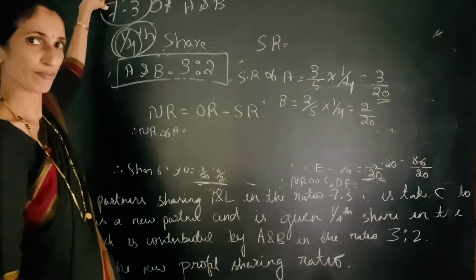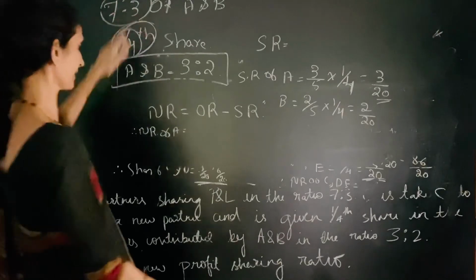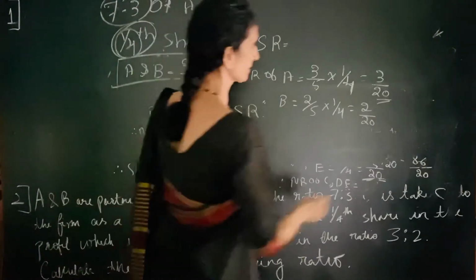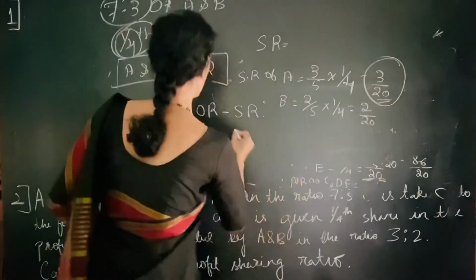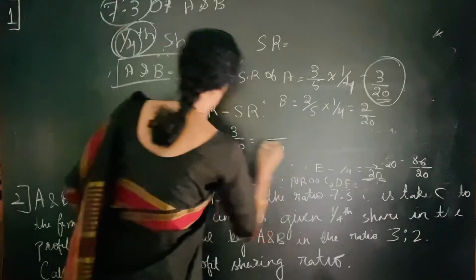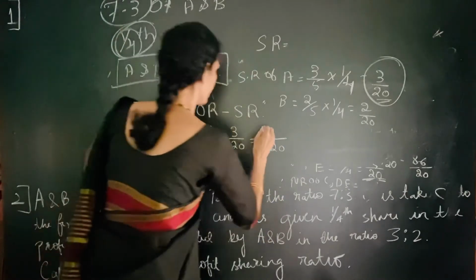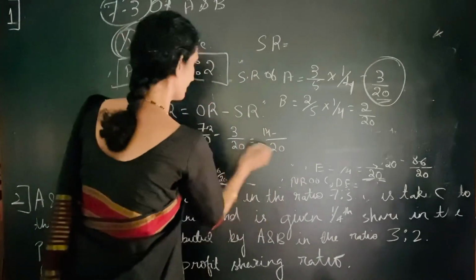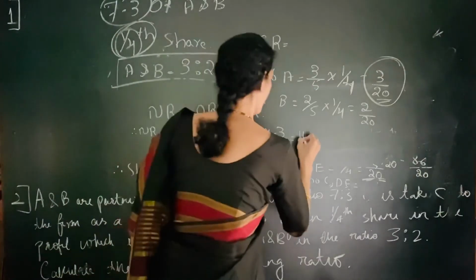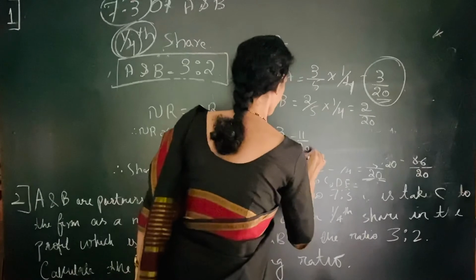It is 7 by 7 plus 3, 10. So 7 by 10 minus 3 by 20. Common denominator is 20, so multiply by 2. So it is 14 minus 3, so it is 11 by 20.